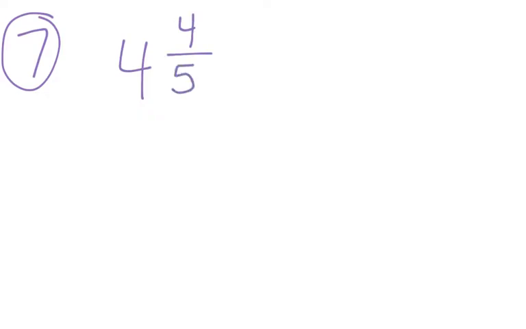Number 7 says a baby frog weighed 4 4/5 ounces. After a month, it was 3 3/5 times as heavy. How much did the frog weigh after a month? What that means is it weighed 4 4/5 ounces at birth, and it was 3 3/5 times as heavy. So you're going to multiply those two numbers together to get how much the baby frog weighed after 1 month.